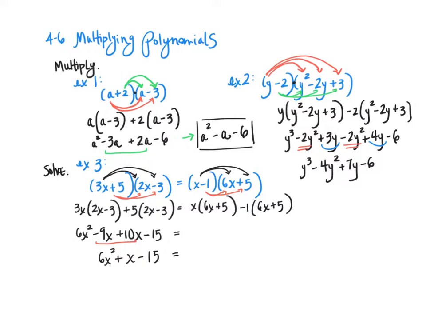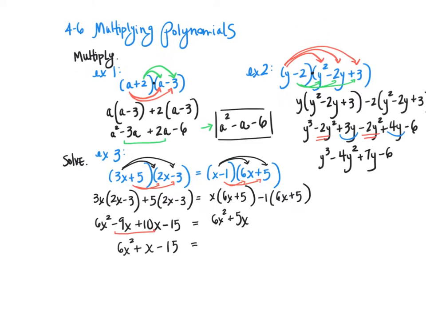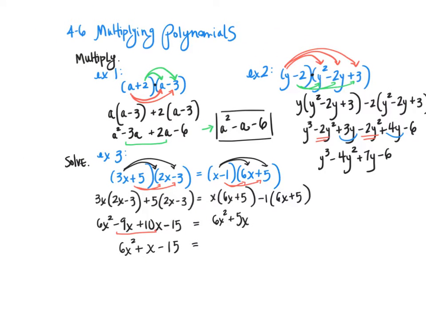And that's going to give me 6x to the second plus 5x. Now I'm distributing a negative 1, or a minus 1. Sorry about that, it's wanting to get bigger on me. Now on the right side, that gives me 6x to the second minus x minus 5.